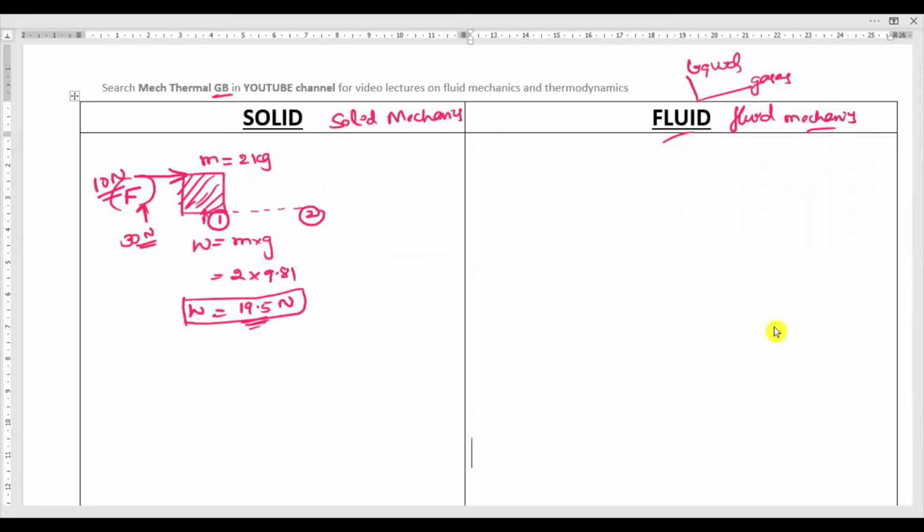So when 30 Newton load is applied on this body, now this solid body will move, will get deformation, and this is the new position of this particular body. So what is the conclusion is, to get deformation, to move the body from one point to another point, that is solid body I'm talking about, the external load we apply should be more than the weight of that body, the mass of that.